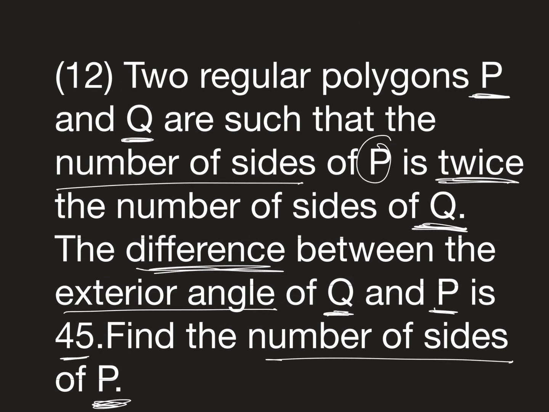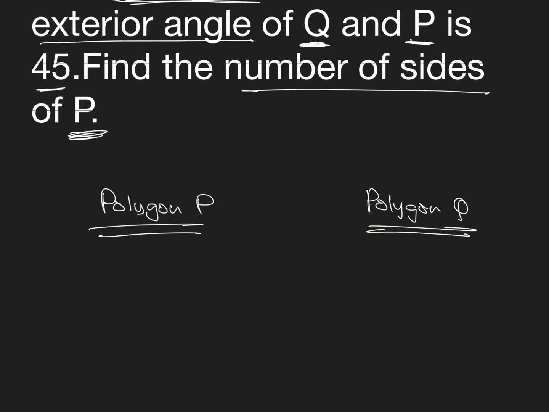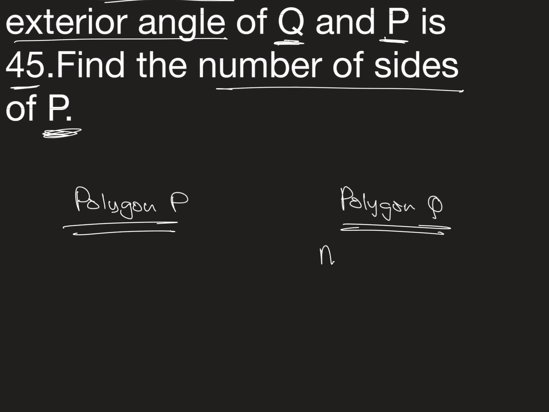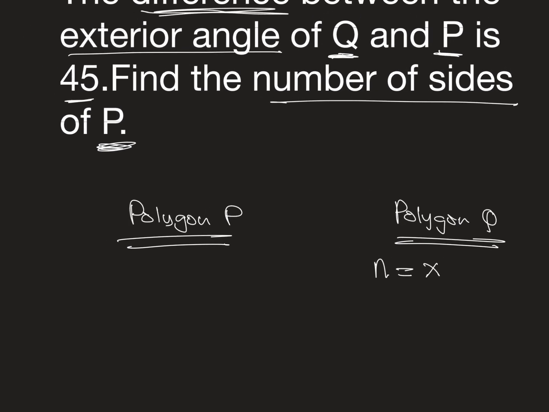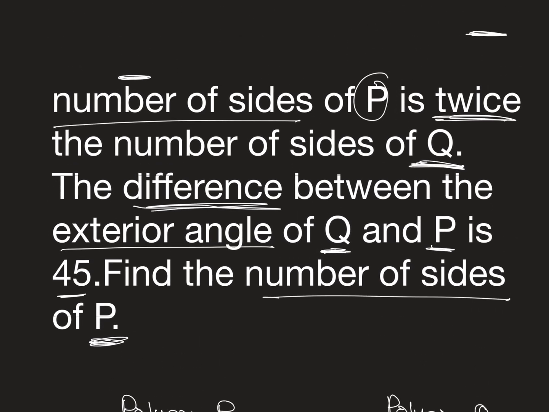Let's go and analyze the question. It says two regular polygons P and Q are such that the number of sides of P is twice the number of sides of Q. So let the number of sides of Q be x. So if the number of sides of Q is x, then the number of sides of P will be twice x. Is that not so? Let's go back to the question.